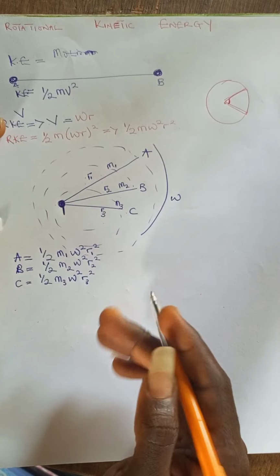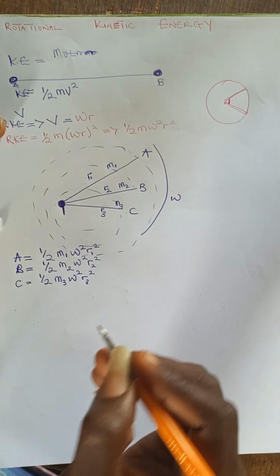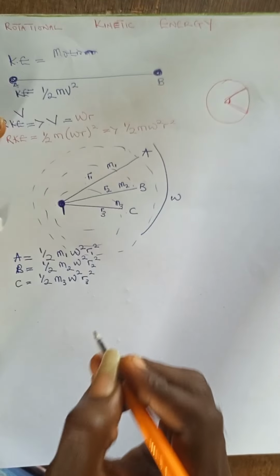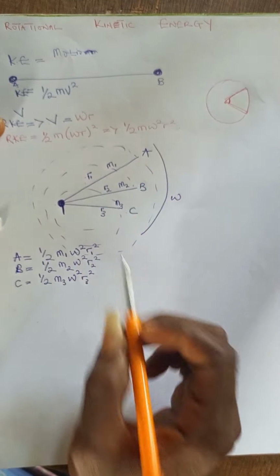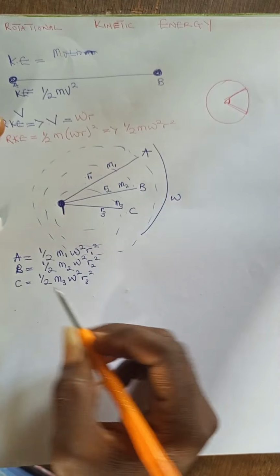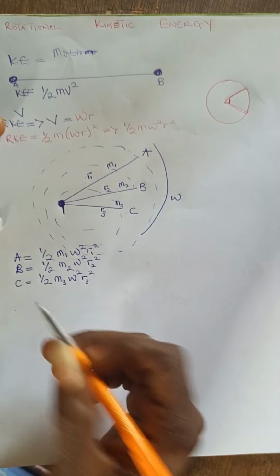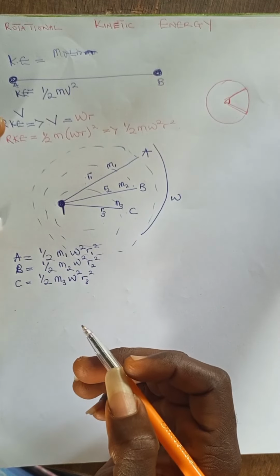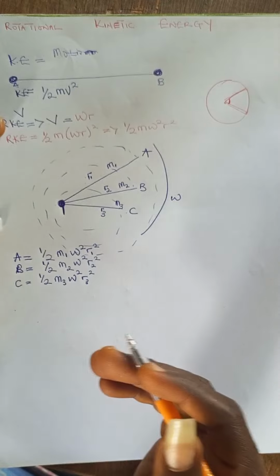But what if they ask you to find the total rotational kinetic energy of the three necklaces at once? It is tedious to begin doing them one by one like this, one after the other. So we can just add all of them together.